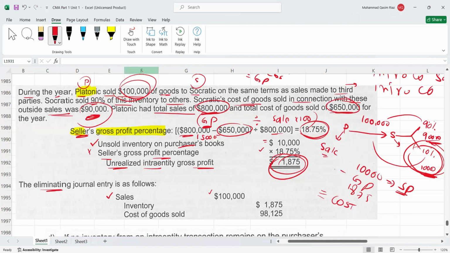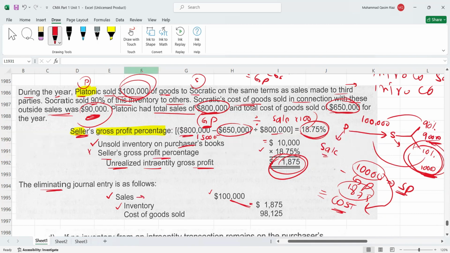Then we will credit the inventory, because inventory is showing at 10,000. If I remove the profit, the inventory will be available at cost. Normally inventory is a debit, so to bring my inventory from 10,000 to cost, I need to credit the inventory with the profit portion. Whatever the difference is will go to the cost of goods sold.